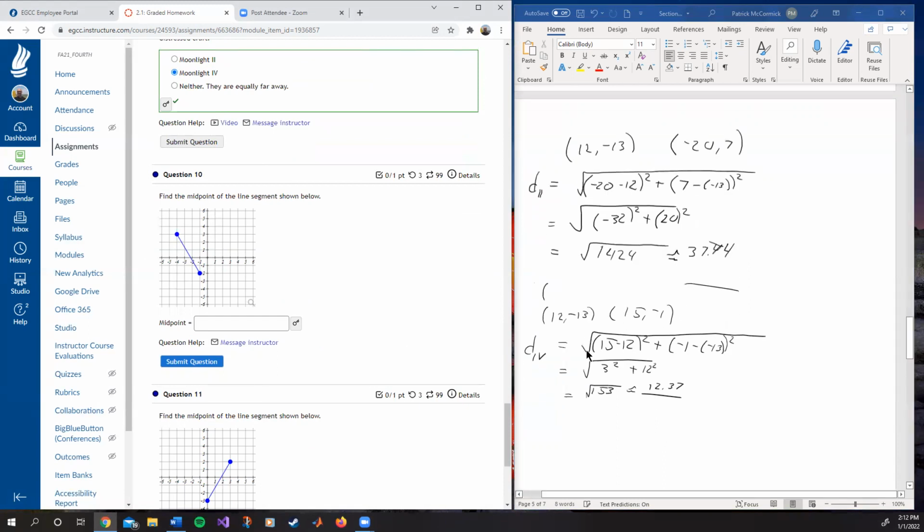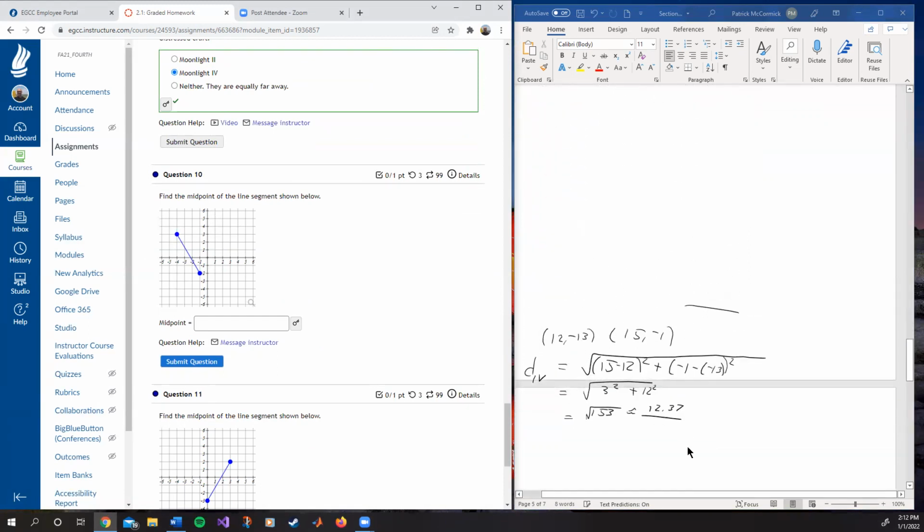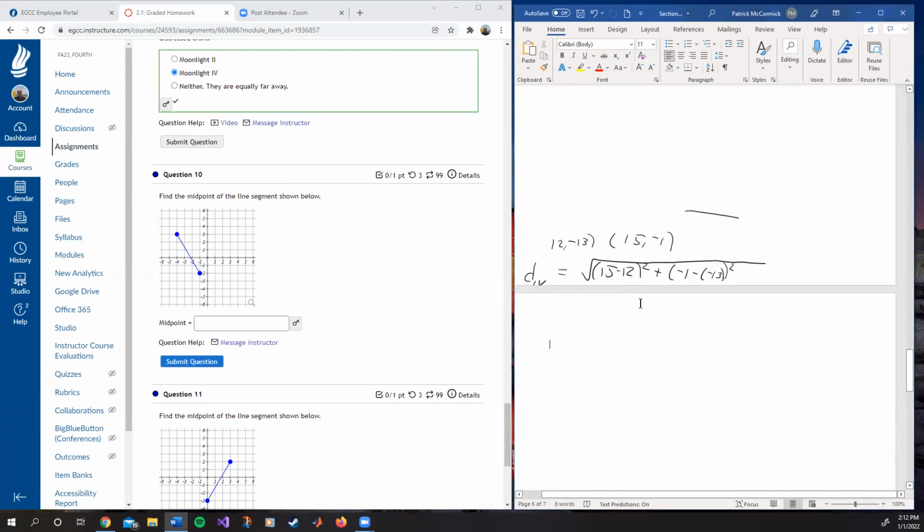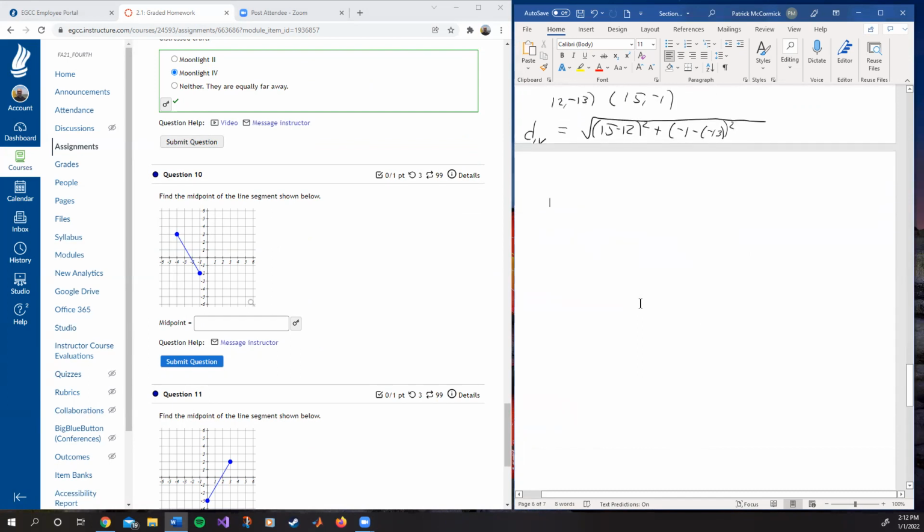All right, question 10. I'm going to scroll down here to the next page. Says find the midpoint. All right, so remember our rules for midpoint, given 2 points, right? Again, x1 comma y1 and x2 comma y2.